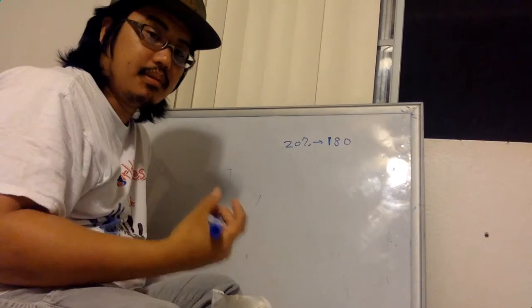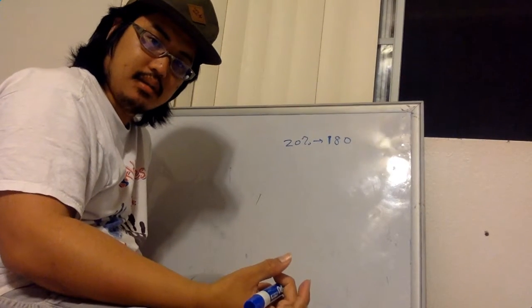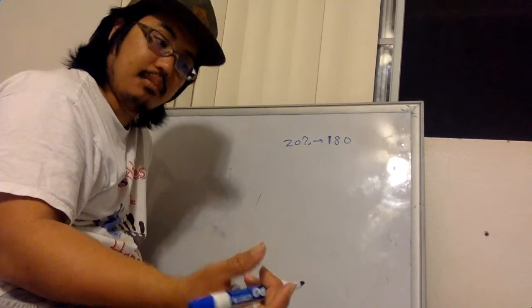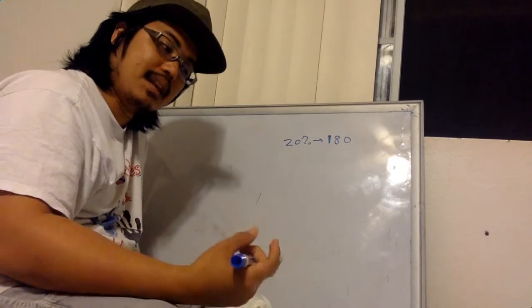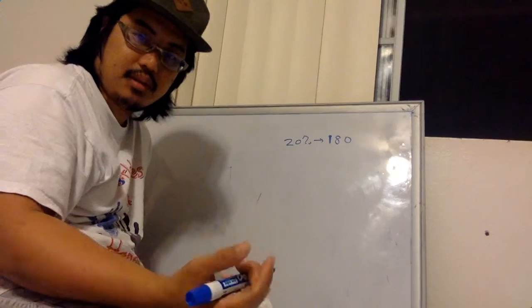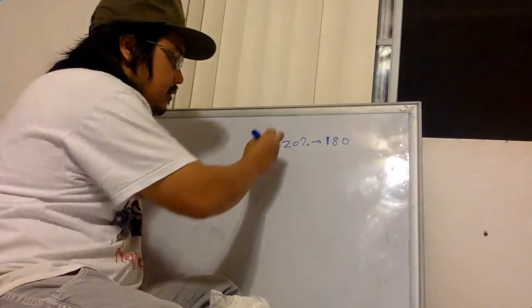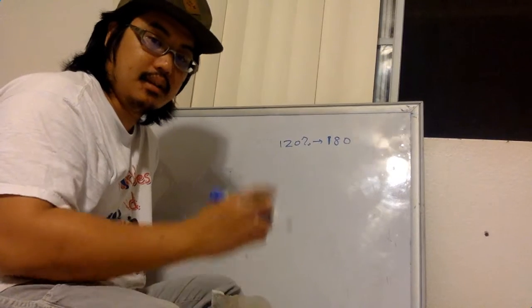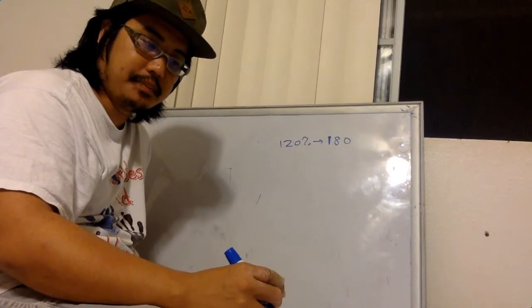It's a 20% increase, which means it's 20% more than 100. The previous problem was 15% less than 100. This one's 20% more than 100. So you're talking about 120% is 180.